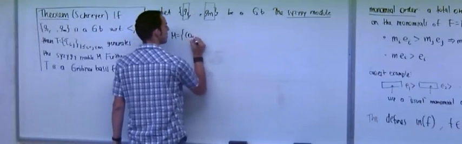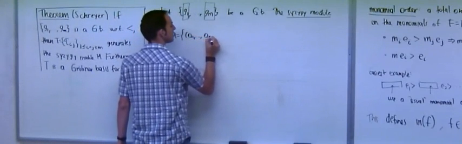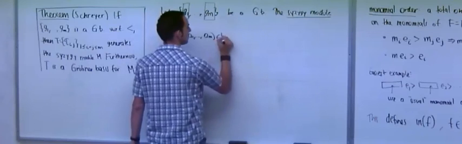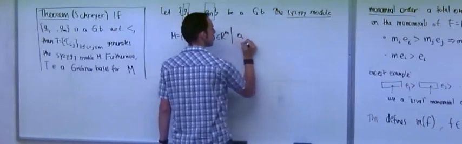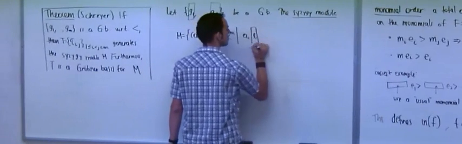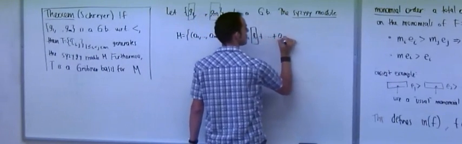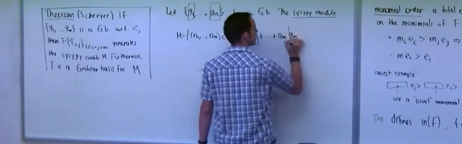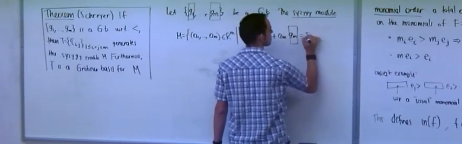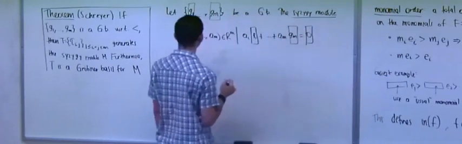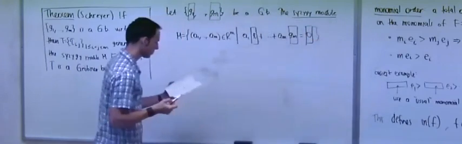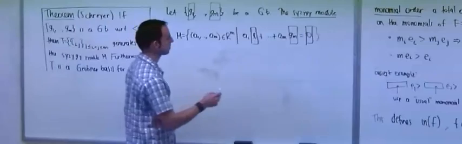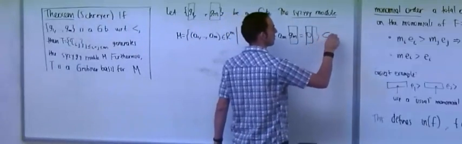So they're going to be the m-tuples in R to the m, such that a1 times g1 plus etc. plus am times gm is equal to 0. This lives in R to the m, right?